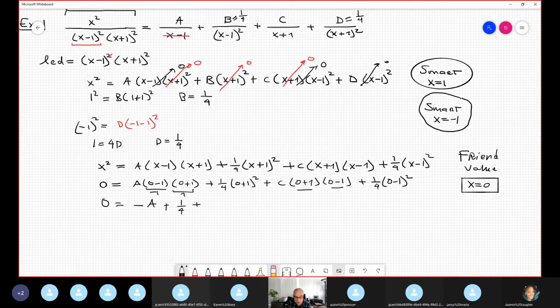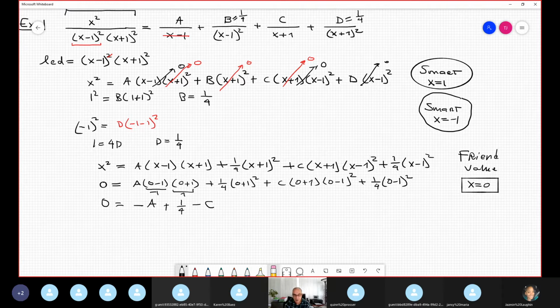This is minus C or plus C? Let me see. No, I forgot the square here.